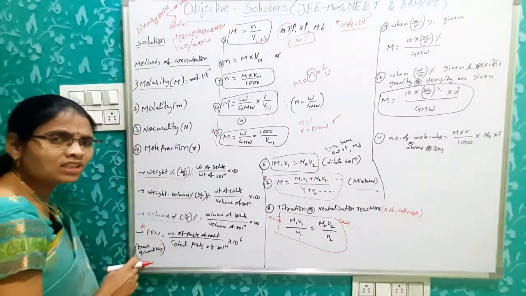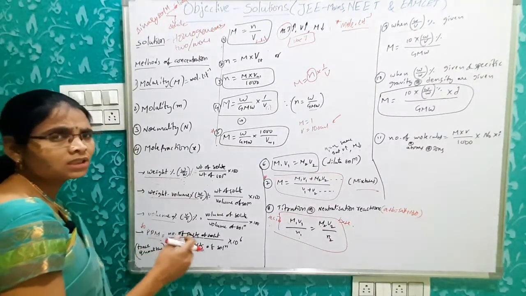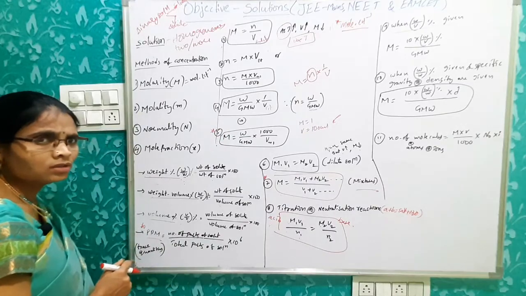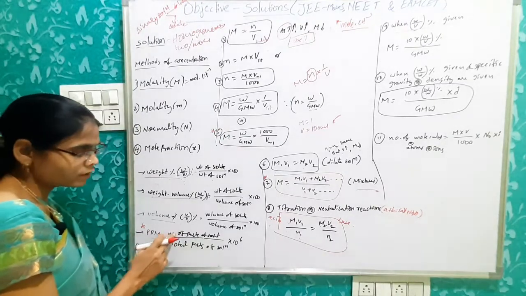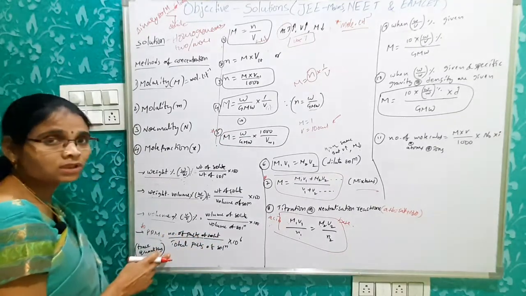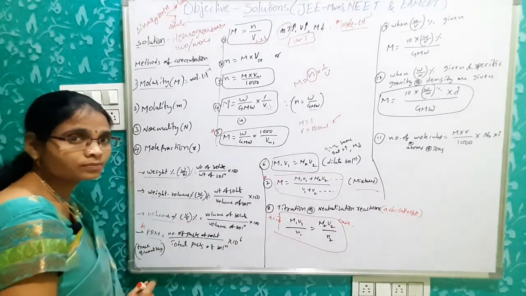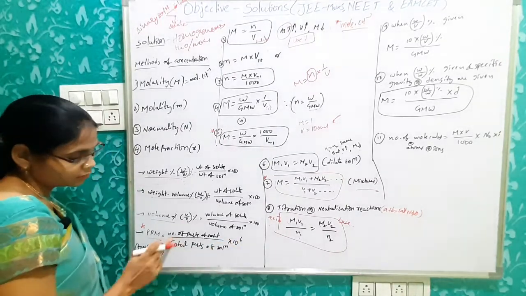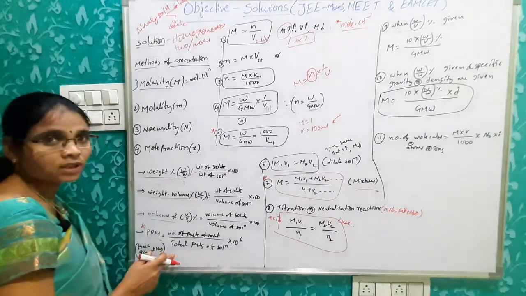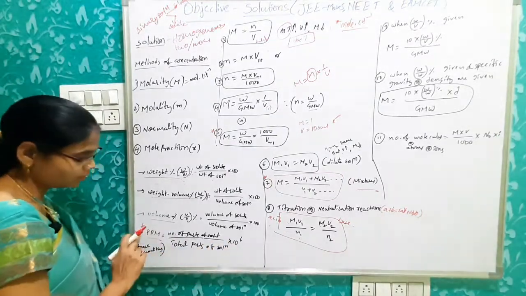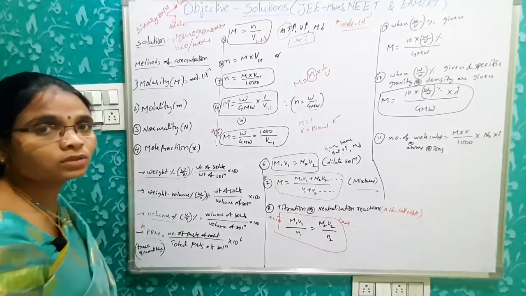For a trace quantity of solute present in a solution, we can use ppm. It is the number of parts of solute present in 10 power 6 parts of the solution. Since the total parts of solution is taken as 10 power 6, the 10 power 6 cancels, and ppm is nothing but the number of parts of that solute.